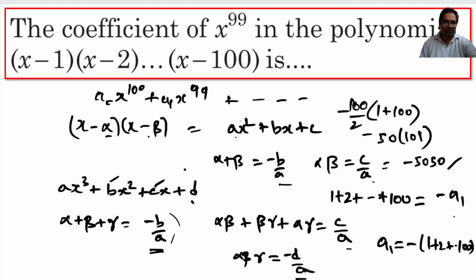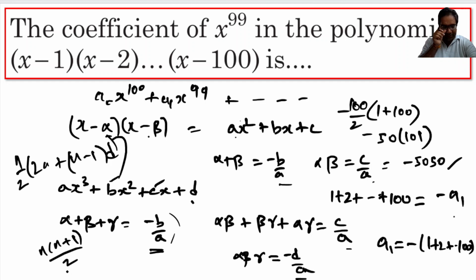The sum of the first n natural numbers, or the sum of numbers in arithmetic progression, can be found using the formula n by 2 into (2a plus (n minus 1) into d), or otherwise n into (n plus 1) by 2.